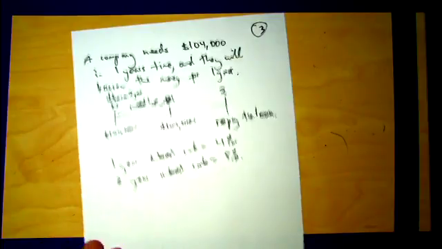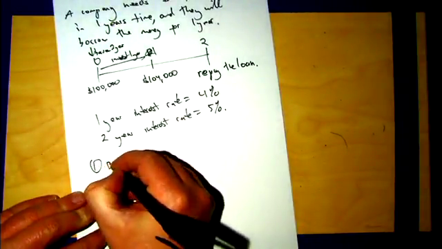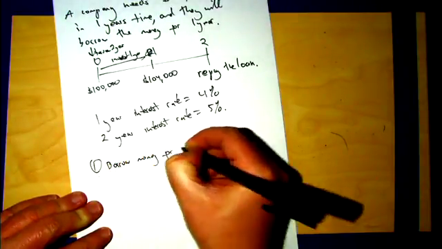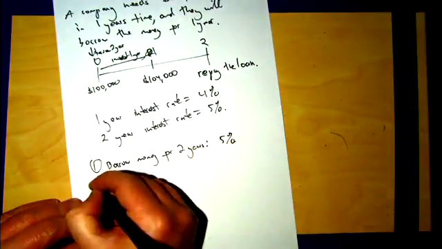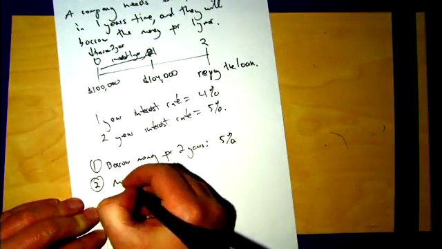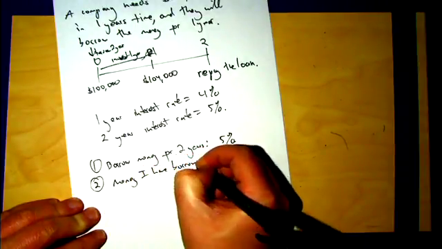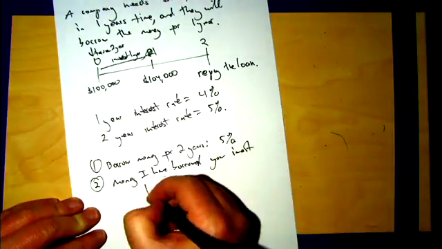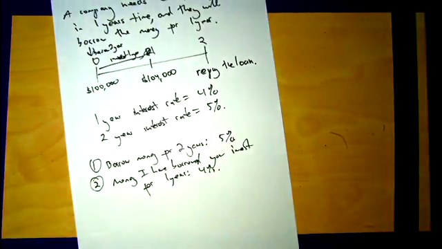So step one in this strategy is I borrow money for 2 years at 5%, and the money I have borrowed, you invest for 1 year at 4%.